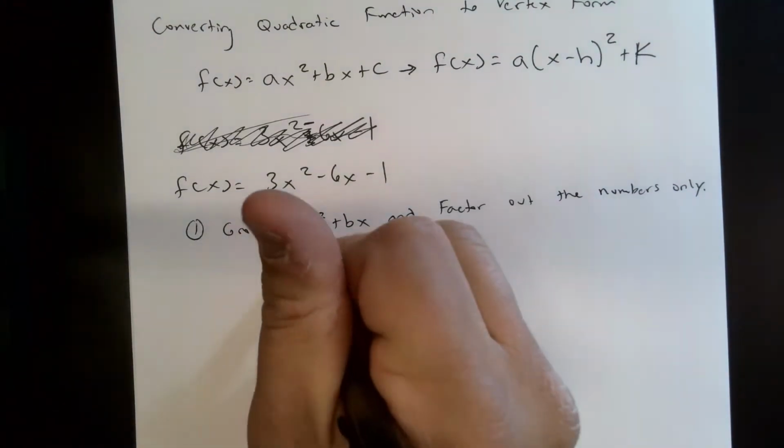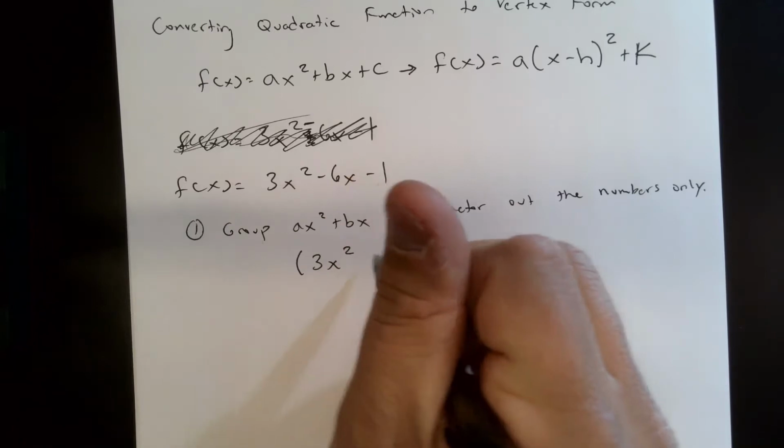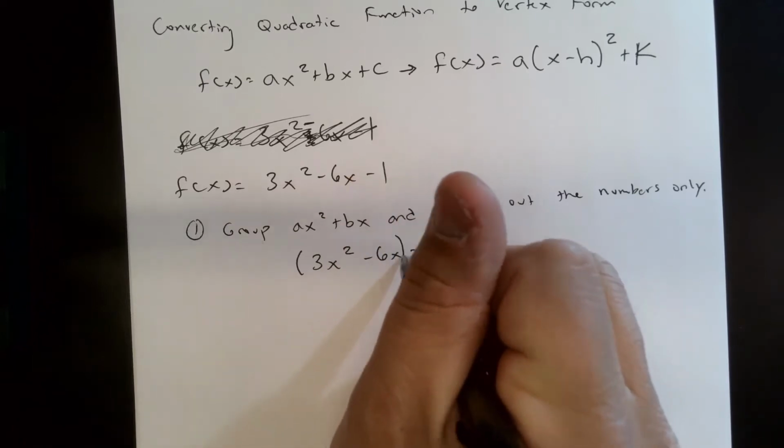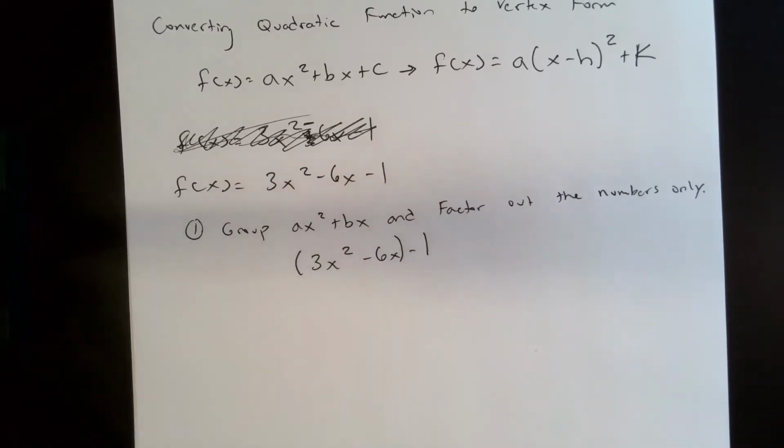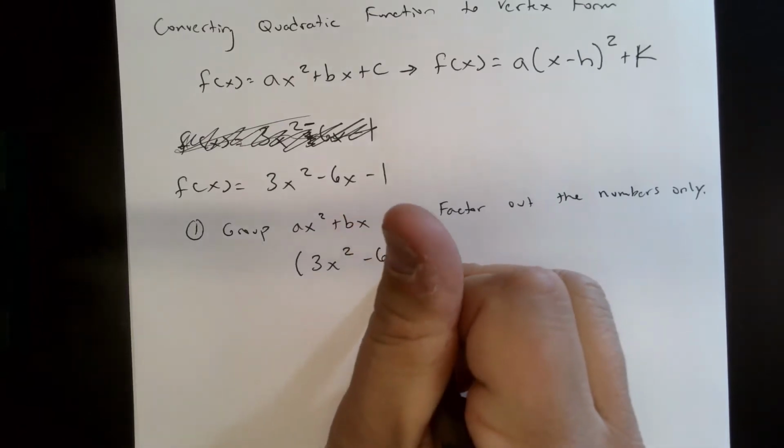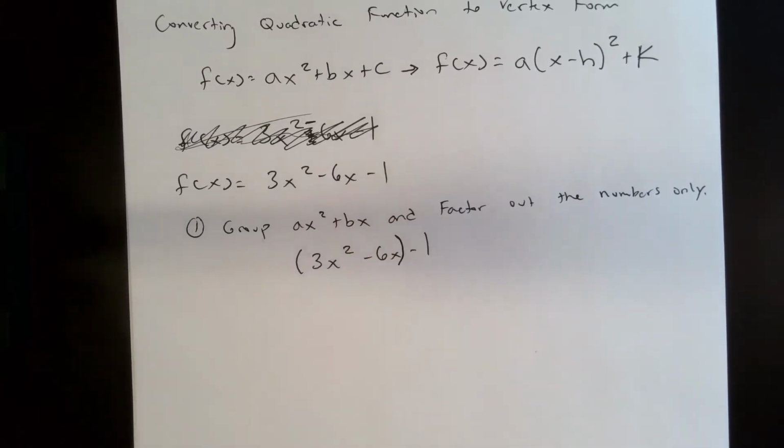So what that's going to look like is this: 3x squared minus 6x minus 1. So we group them inside of parentheses, and I got rid of the f of x. We'll bring it back at the very end. It's still there, we just got rid of it while we do our work.